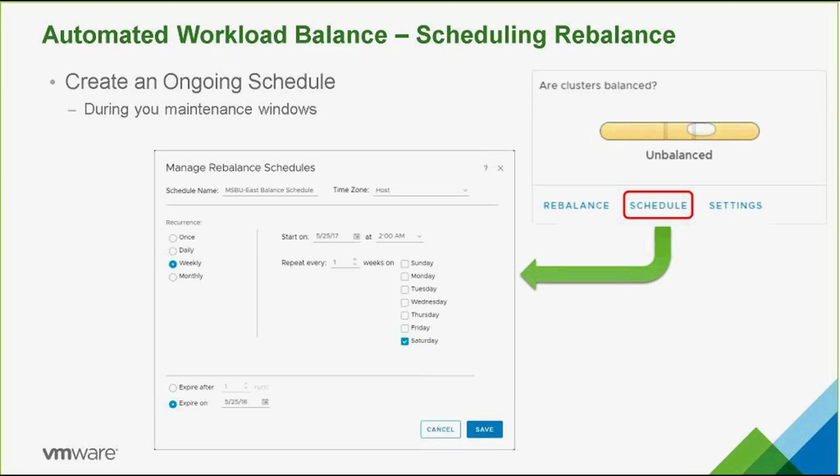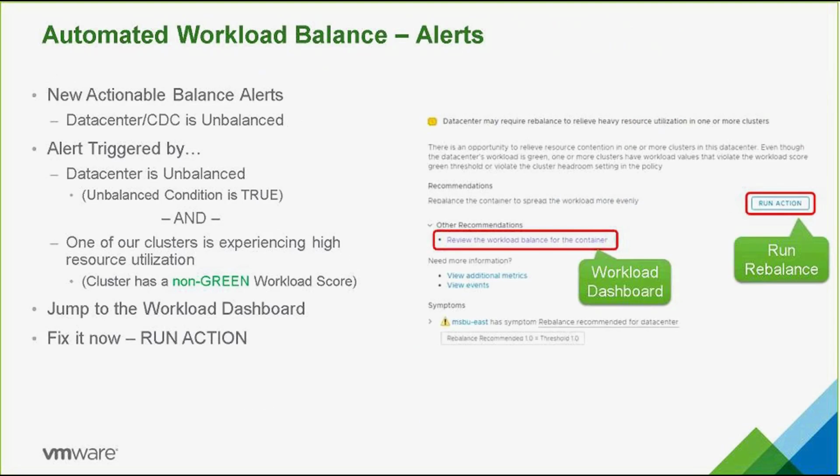Now, that's essentially what you can do with something called a workload balance alert. You might be aware of the alerting feature of vROps, but what essentially we are doing over here is we are using certain computed metrics in the backend to measure the balance, or basically take all the policies that you have configured in your policy, whether it's workload to be 80%, at the same time the headroom to be 10%, at the same time ensuring that your VMs are getting the resources, and taking all those complex policies which you have created into a single metric or a single KPI.